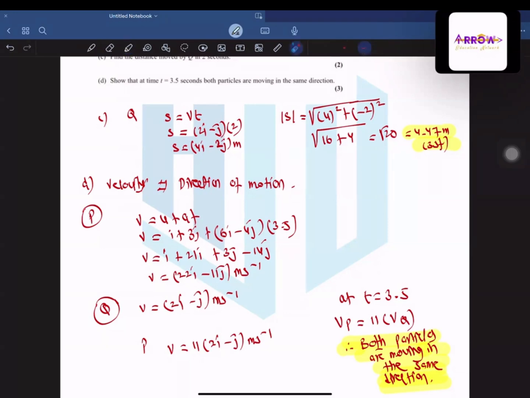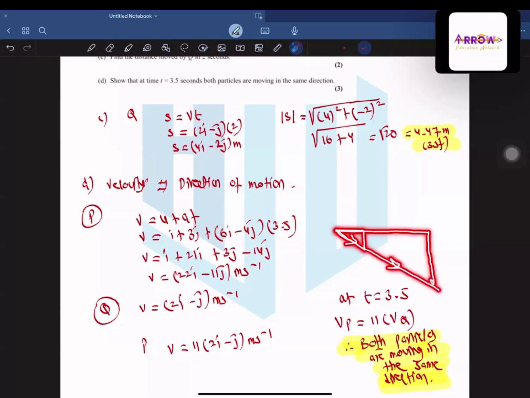Particle Q is moving with constant velocity 2i minus j throughout. This is the path of motion for particle Q. At the same instant, at t equals 3.5, particle P is moving with 22i minus 11j.